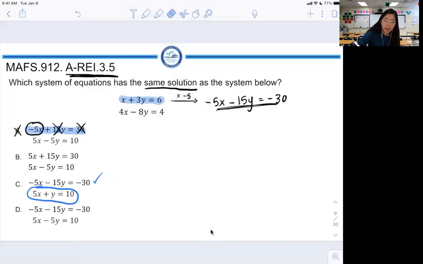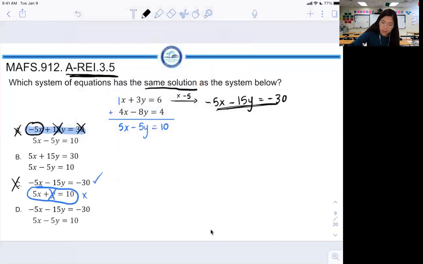But remember that you can have equivalent systems by addition or subtraction. If I add these together, straight down, 1x plus 4x is 5x, 3 minus 8, that's negative 5y, and 6 plus 4 is 10. So you can do that, but that doesn't match entirely. So unfortunately, C seems to be incorrect as well.